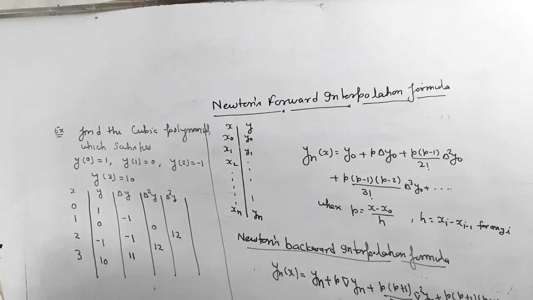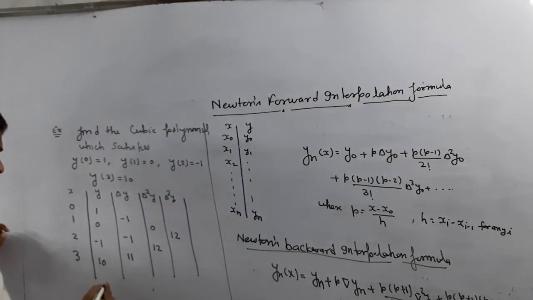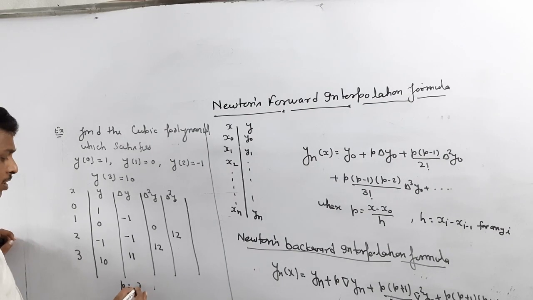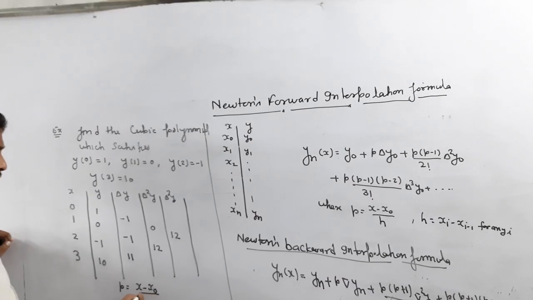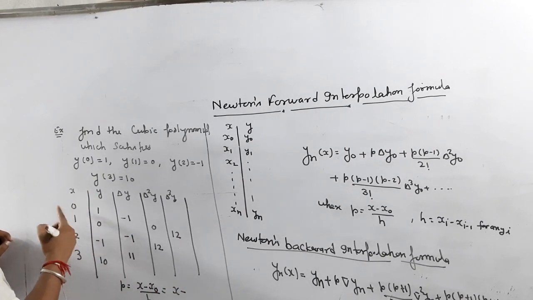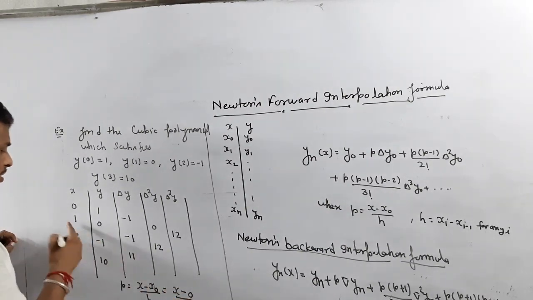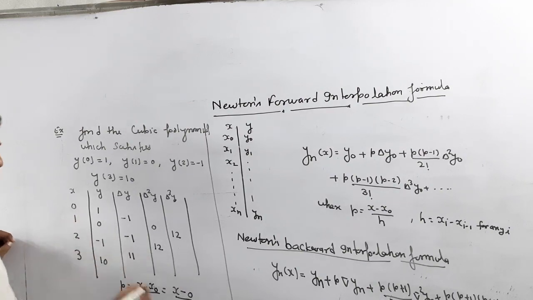Now we are going to use the formula. Just put the values. But before that we calculate what the p value is. The p value is (x minus x0) by h. What is x0? x0 is 0. What is h? The difference of any two consecutive xi values. So 1 minus 0, that is 1.